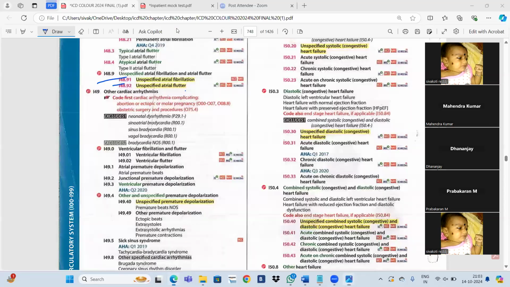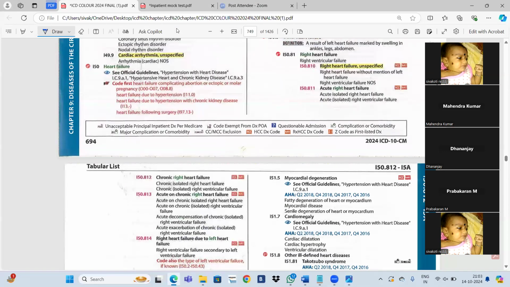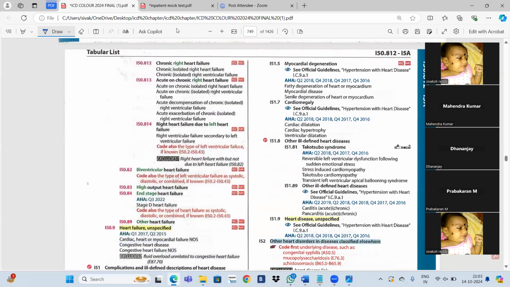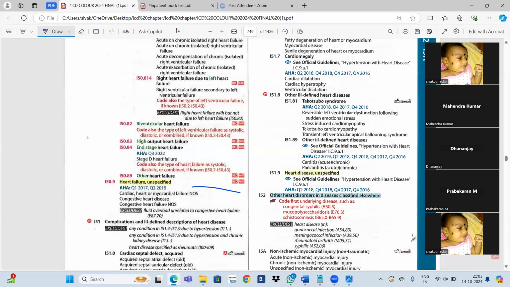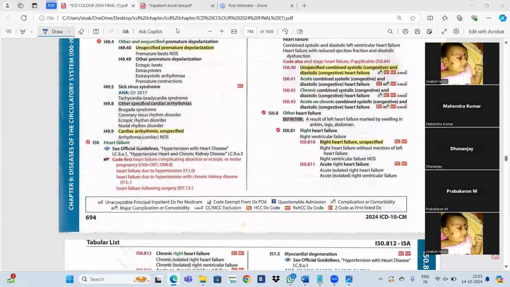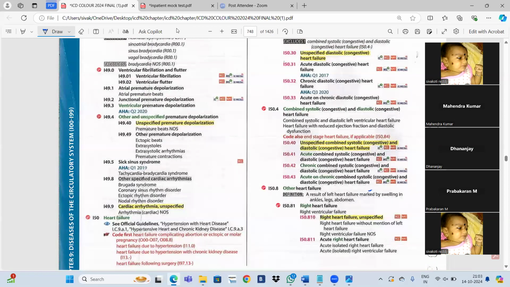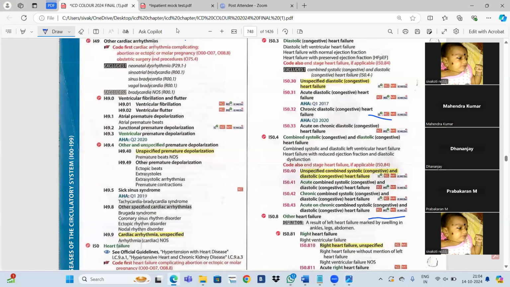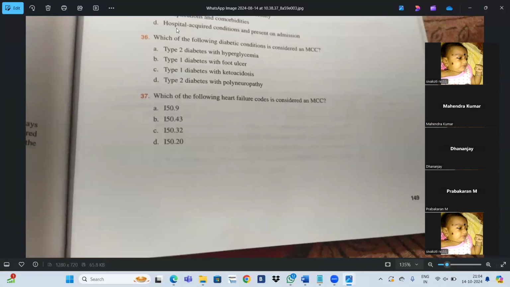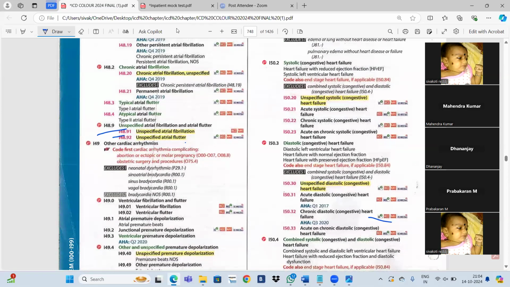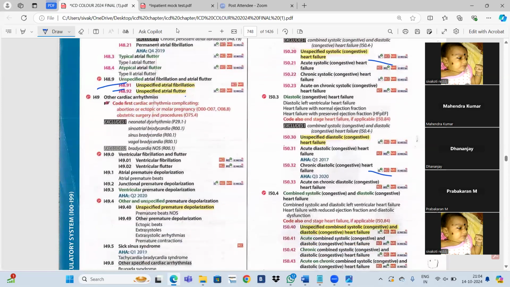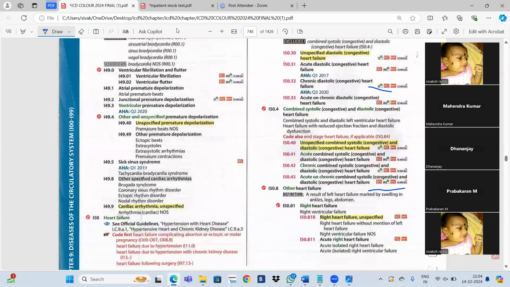I50.9, no CC, no MCC. I50.43 is MCC. I50.32 is CC. I50.20 is CC. So these two are CC, and only I50.43 is MCC.